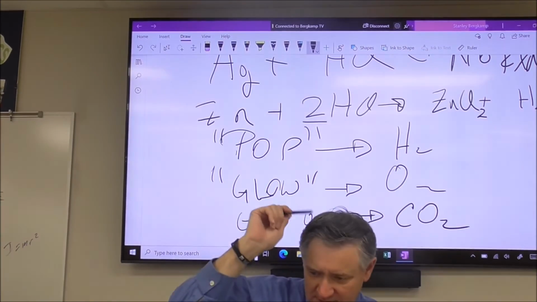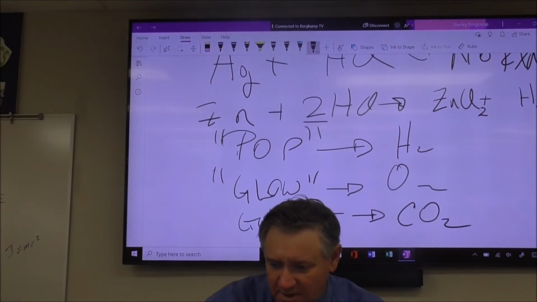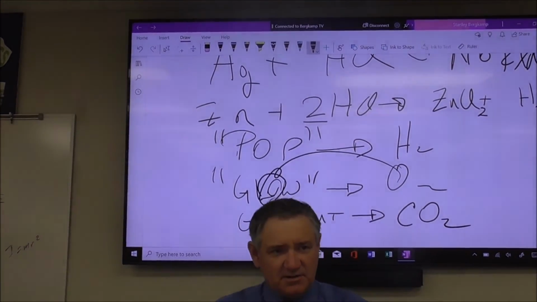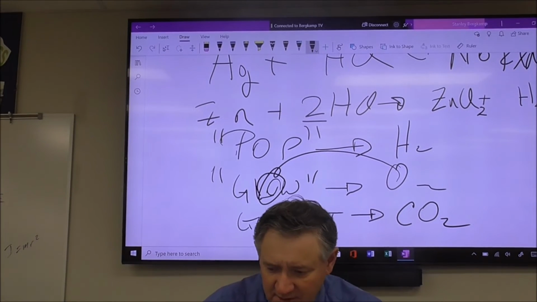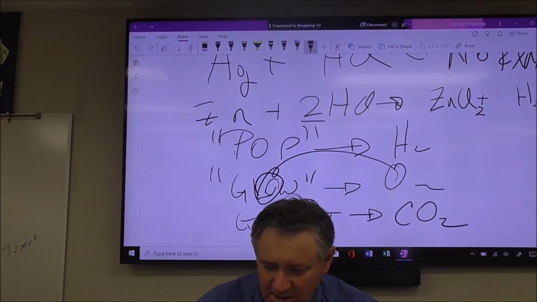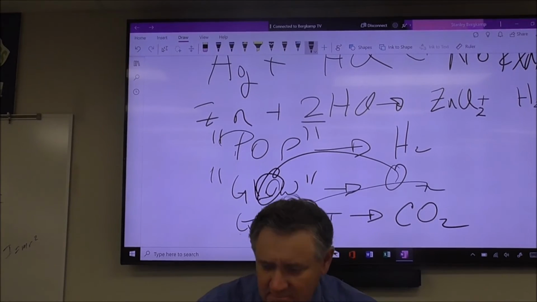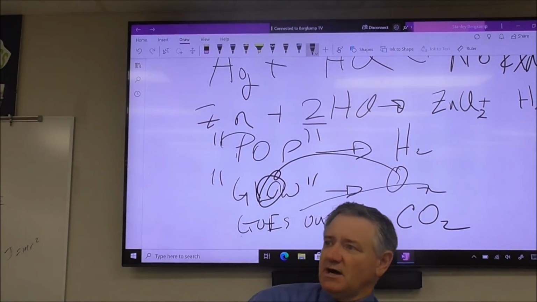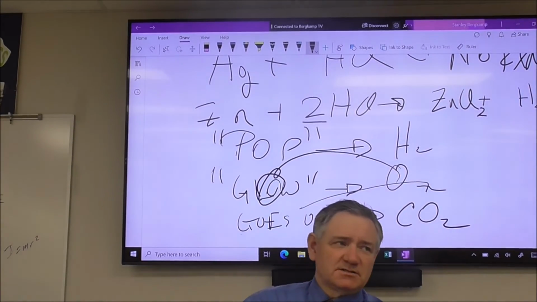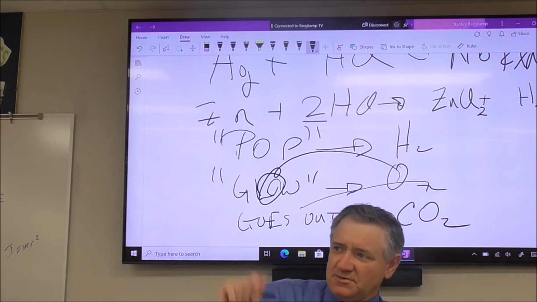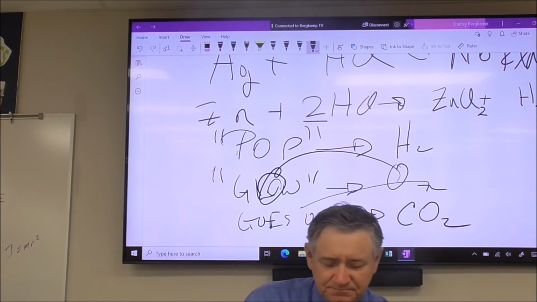Pop goes the hydrogen, glowing, there's an oxygen in there, it glows brighter. If it goes out, the GO, kind of like CO. Goes out, CO, carbon dioxide. Those are the 3 that you need to know.